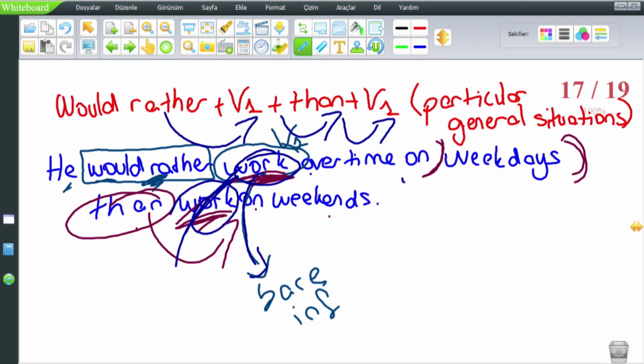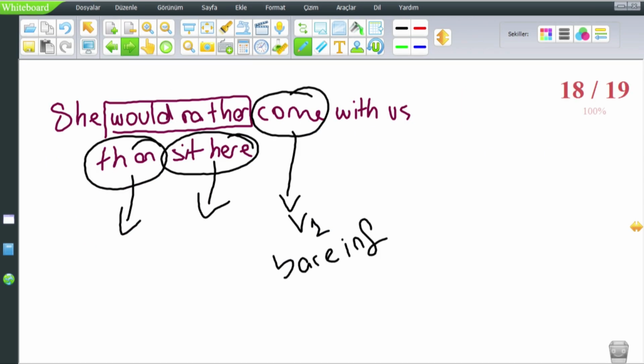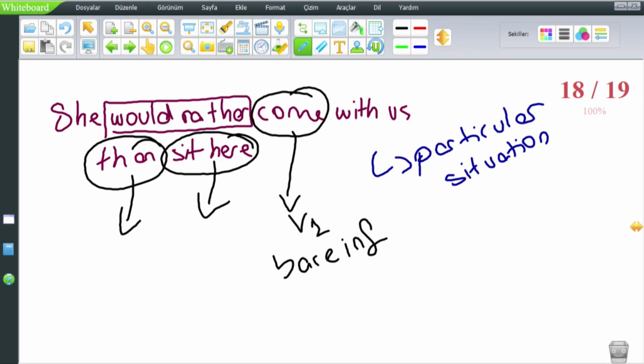So I can omit it and just say than weekends because I am choosing from a time. Weekdays or weekends, and he chose overtime on weekdays. She would rather come with us than sit here. It looks like a particular situation preference. You can understand it from the meaning, the context of the sentence.